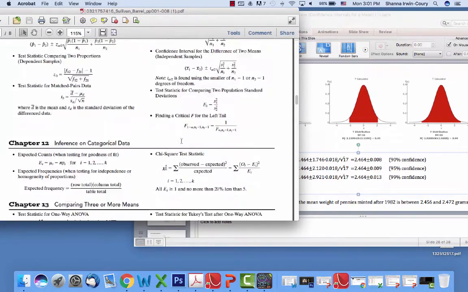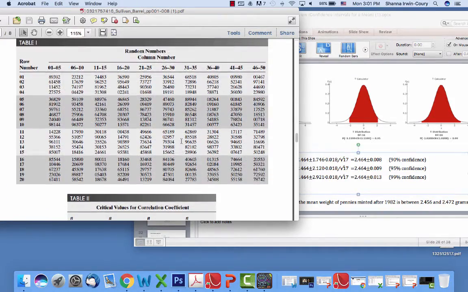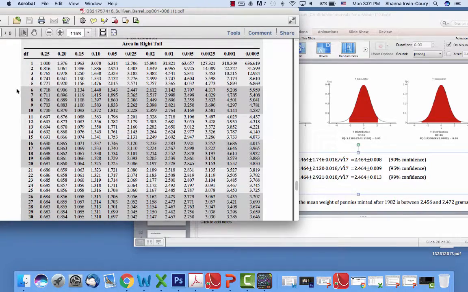And that T came from, we have 17 people, pennies, so our degrees of freedom are 16, not 6. So we're on this row. If we look for 90% confidence, again, alpha is 0.1, so alpha over 2 is 0.05.